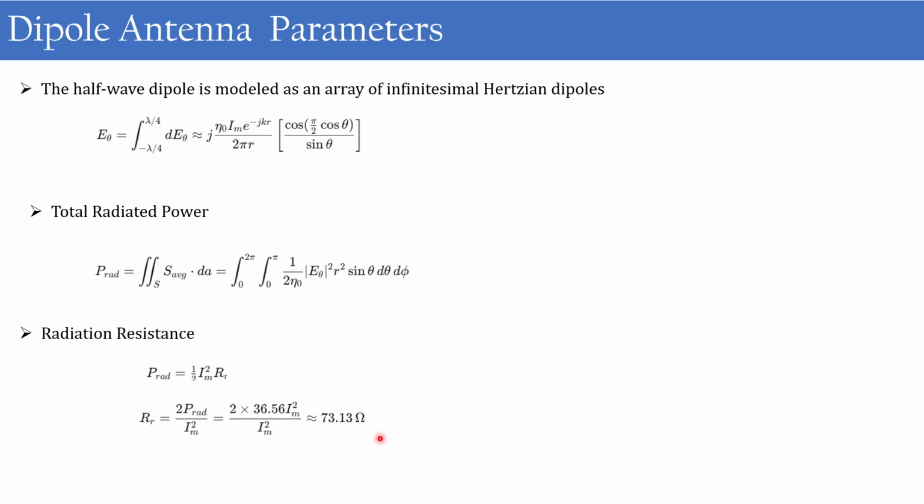So we have to keep this in mind, the radiation resistance of the dipole antenna. This will be very useful in designing the dipole antennas and simulating them in CST or HFSS. We have to use this resistance for the simulation parameters.